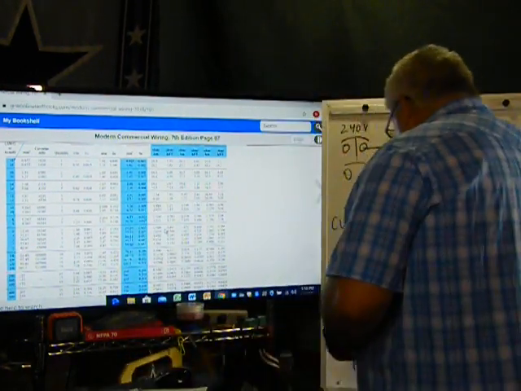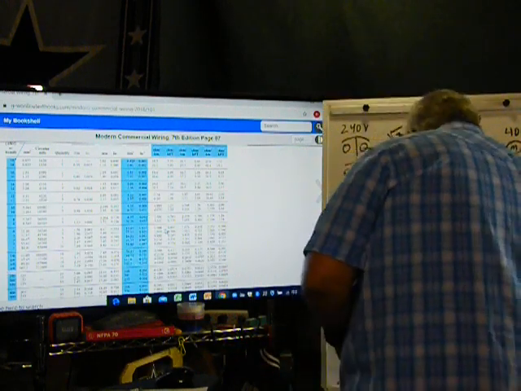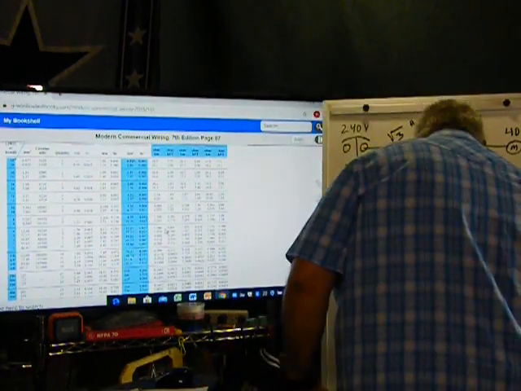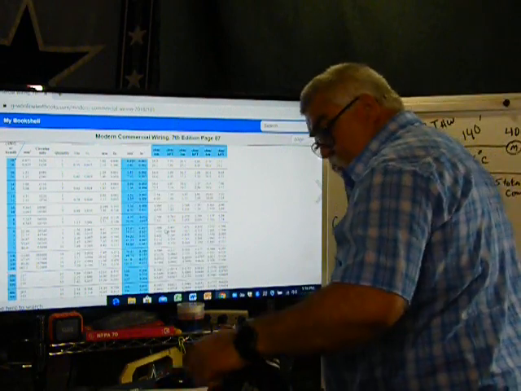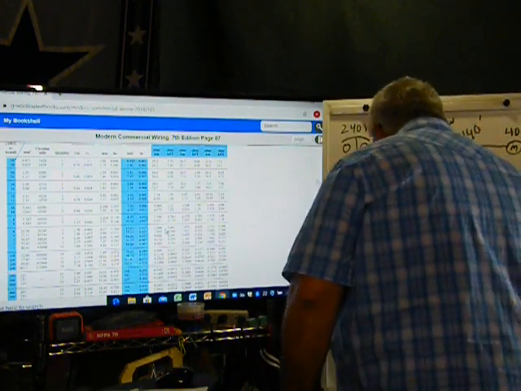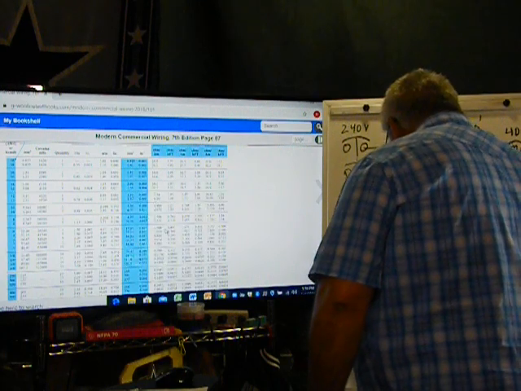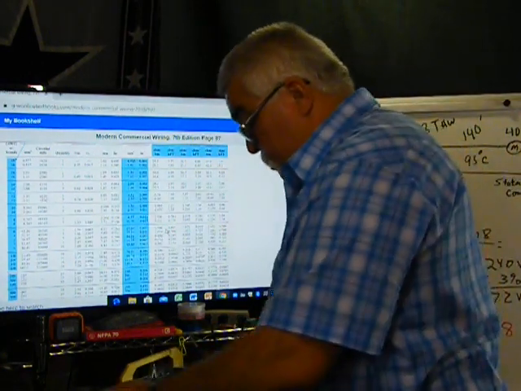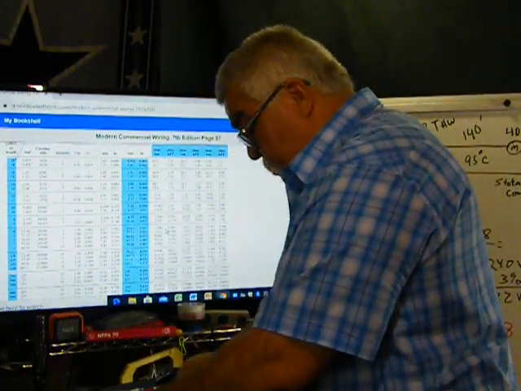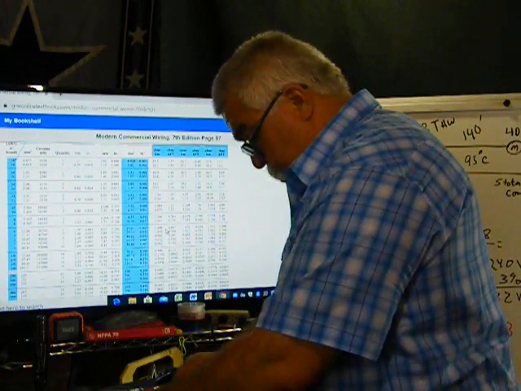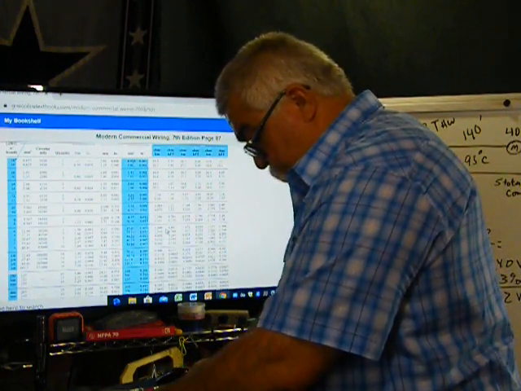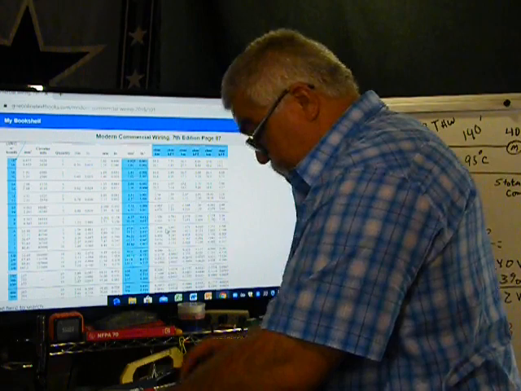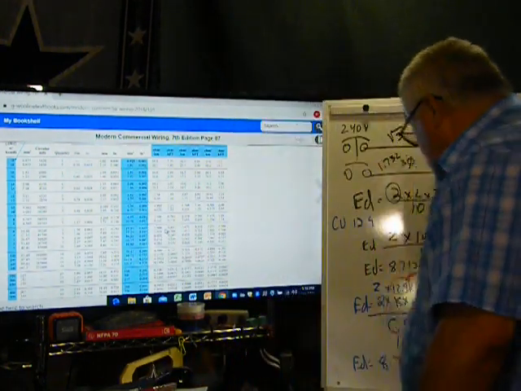So my exact K, instead of using 12.9, if I were to use 12.84478, instead of that number, it would have been exact. Times 2 times 140 times 40 divided by 16,510. Okay, yep. I got the same exact number.